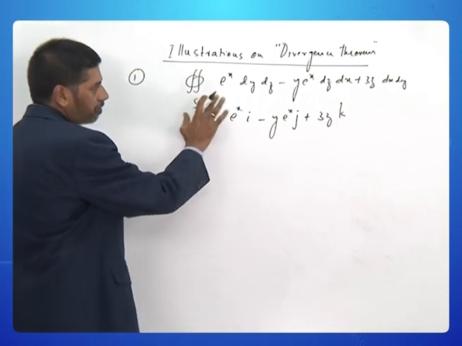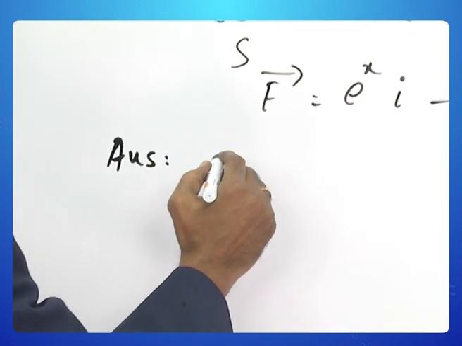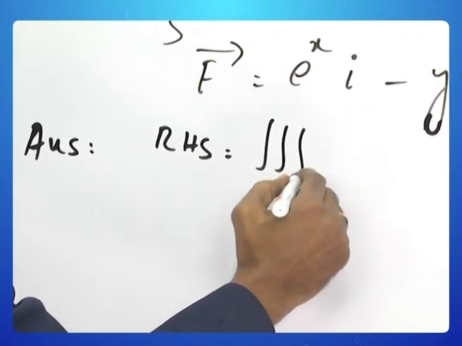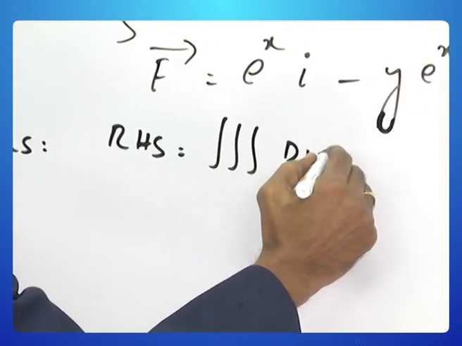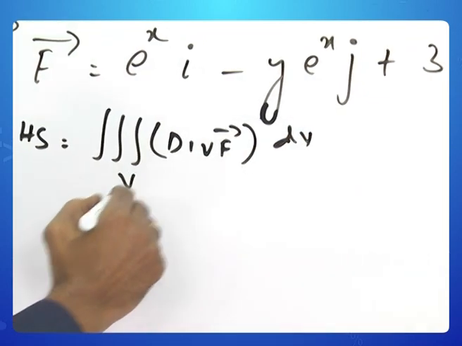Now, instead of evaluating the closed surface integral, to produce the answer we use the Gauss theorem and take the RHS of the Gauss theorem as divergence of F dV over V.